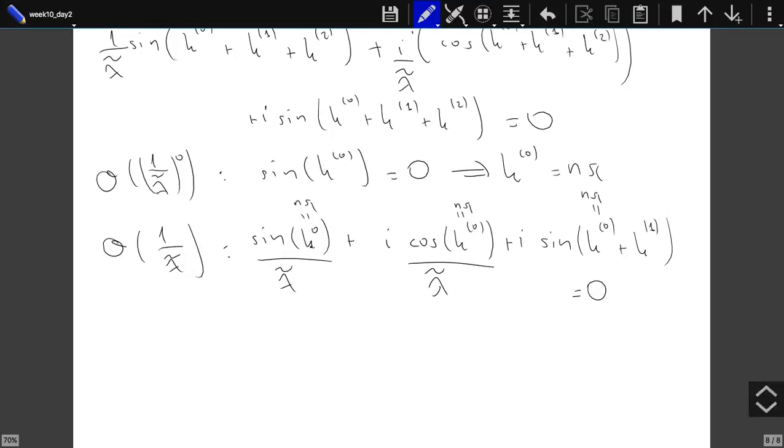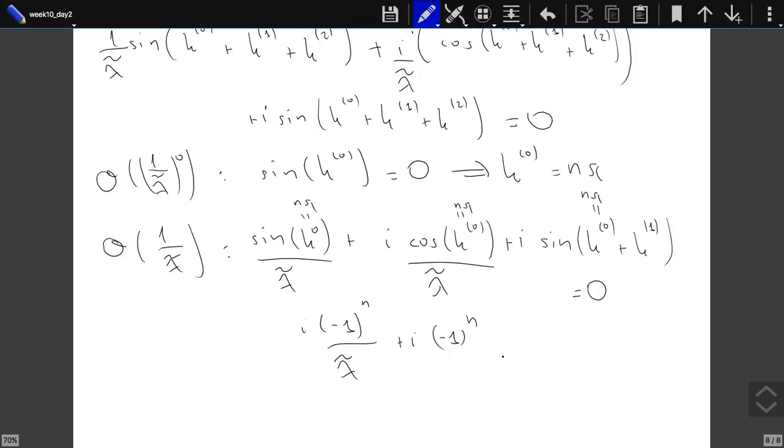So I times minus 1 to the power n over lambda tilde plus I times, well, if you have an angle and add n pi to it, the sine just changes sign. So this is also minus 1 to the n times sine k1, and k1 is of the order of 1 over lambda tilde.